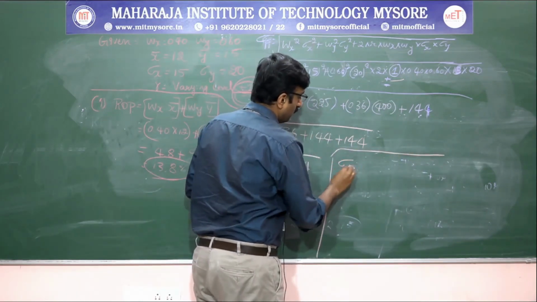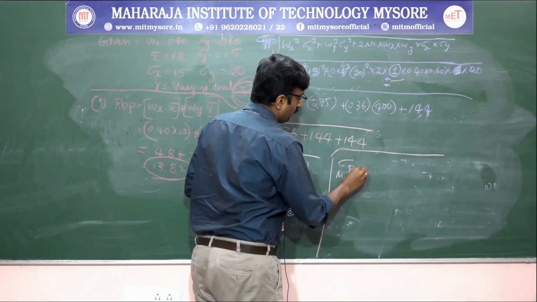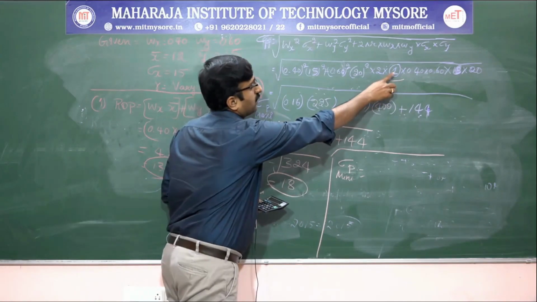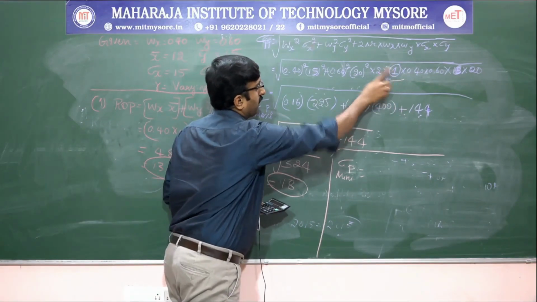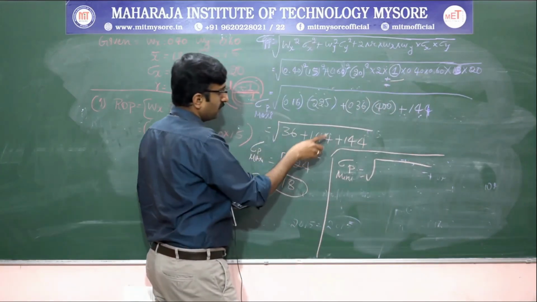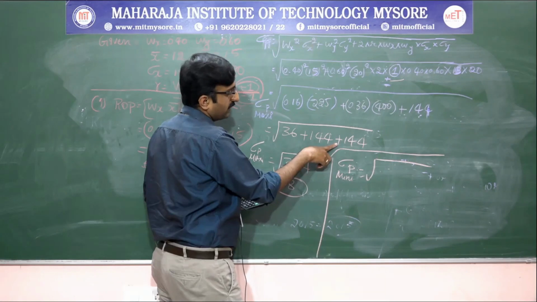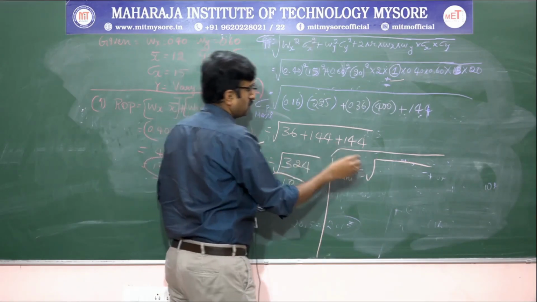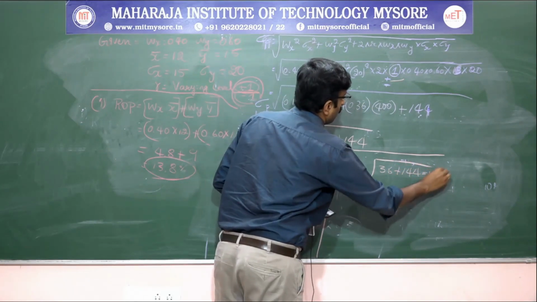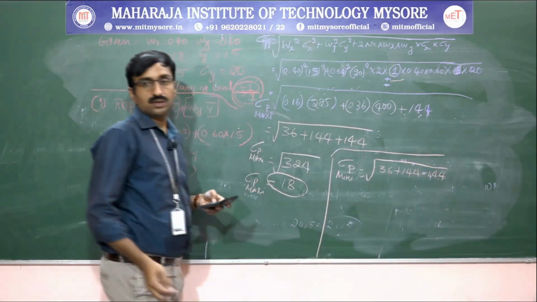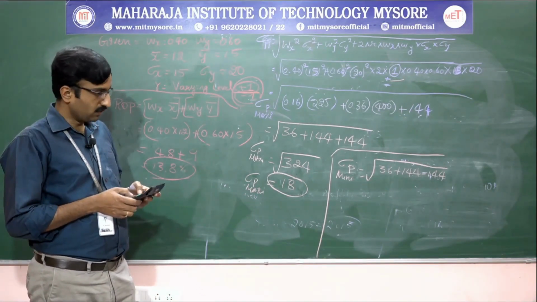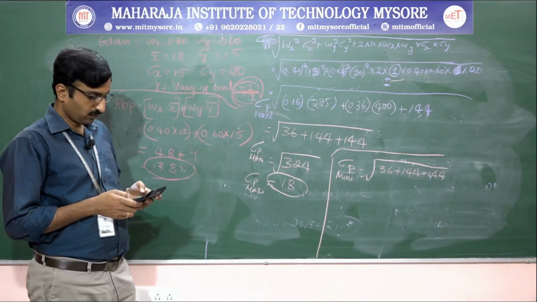If you consider for minimum, what will be the value? Same here, we have considered plus 1, you take minus 1, the same value will be generated until here, instead of plus it will come minus. So, 36 plus 144 minus 144.